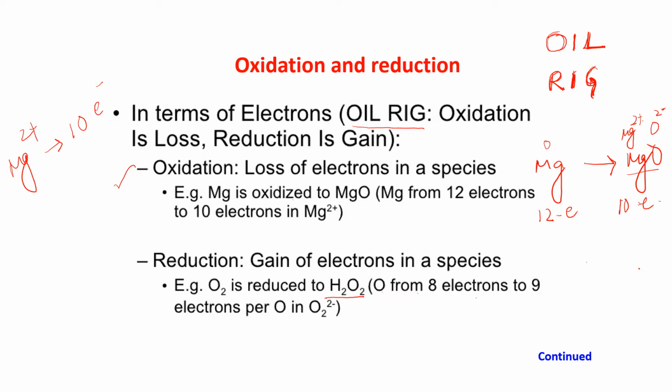So that is a reduction, gain of electron. Per oxygen in H2O2 it is 9. So one oxygen having 8 electrons reaches 9 electrons. So this is a reduction, gaining of electron.